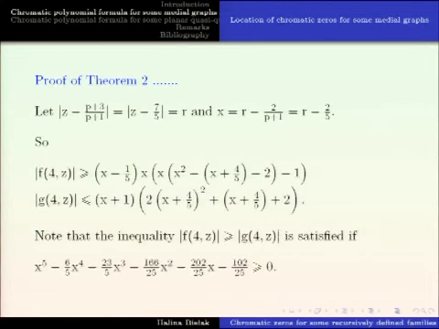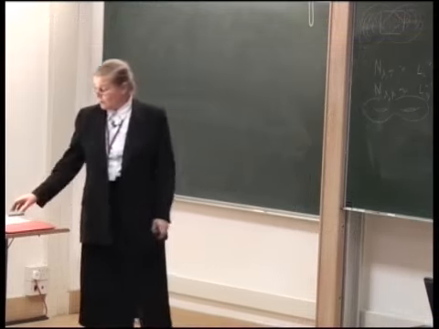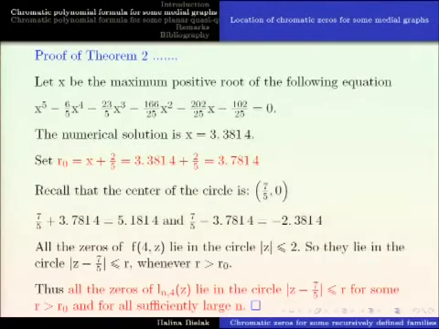So if you would like this inequality to be true, it is enough to consider the following. If this second inequality holds, the moduli of the first function is greater than or equal to this second one. We really can solve this inequality by finding the maximum positive root of the following one. So if we set R0 in the following way, we can count it approximately to this number.